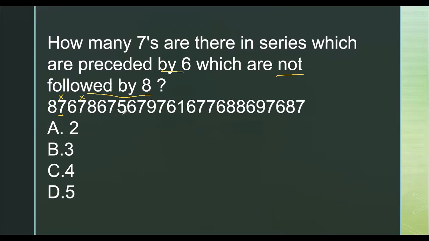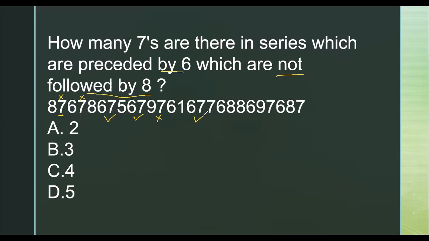Now this is preceded by 6 and followed by not 8, that is 5. So this 7 is okay. In the next, this 7 is preceded by 6 and followed by 9. Right. This 7 is preceded by 9 but followed by 6. No. This 7 is preceded by 6 and followed by 7, not followed by 8.